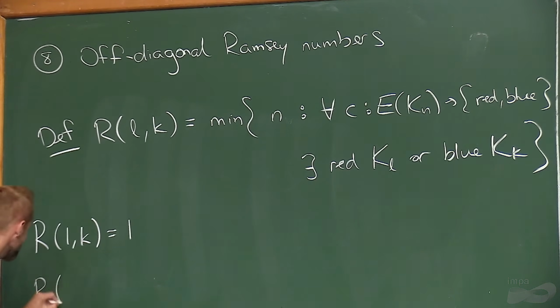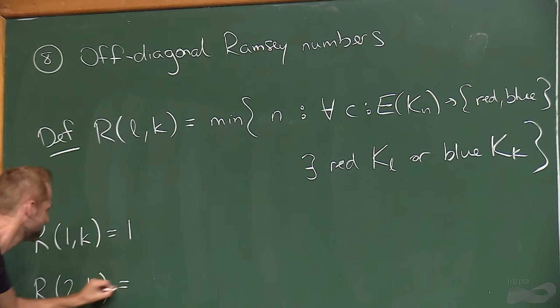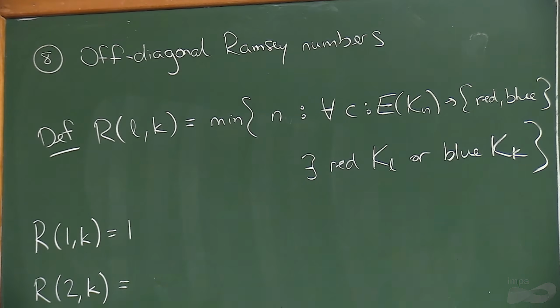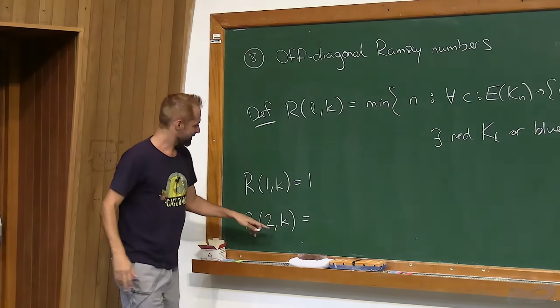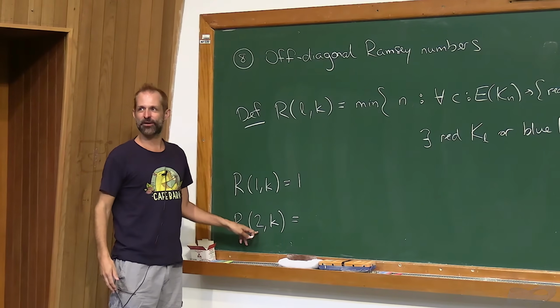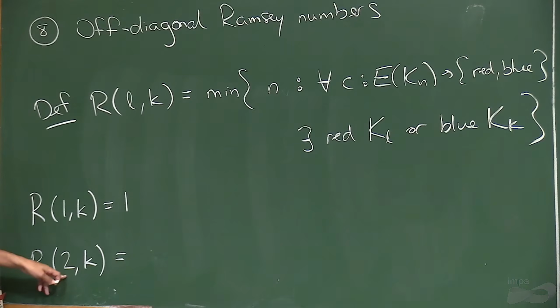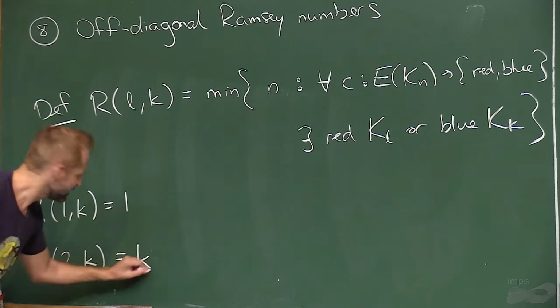What about R(2, k)? It's k, right? Because if you have any red edge, you have a red K_2. So all the edges must be blue. But if they're all blue, then k vertices is enough to get a blue K_k.